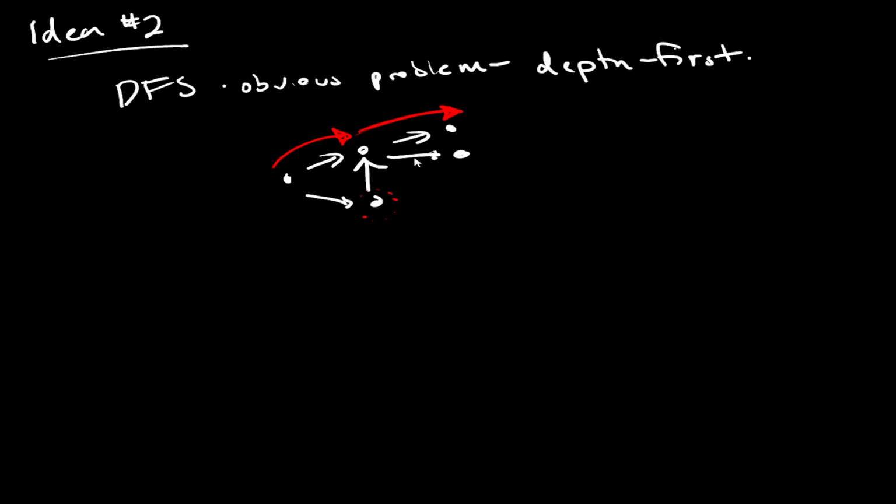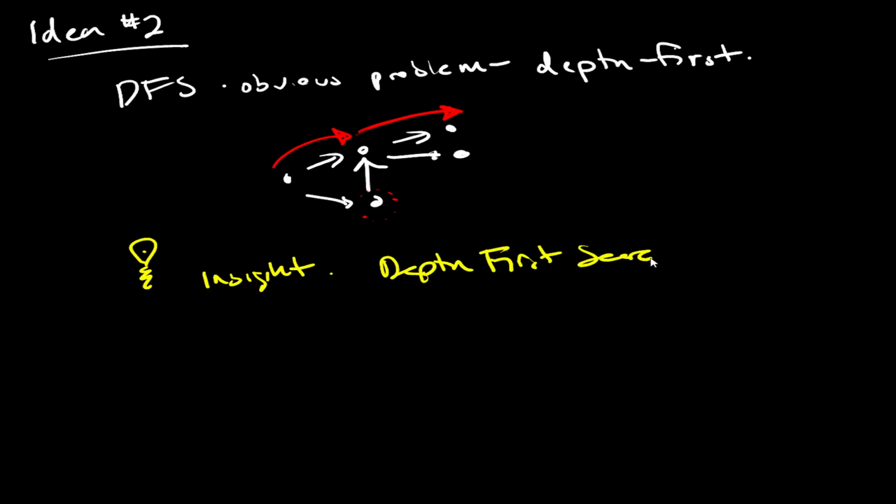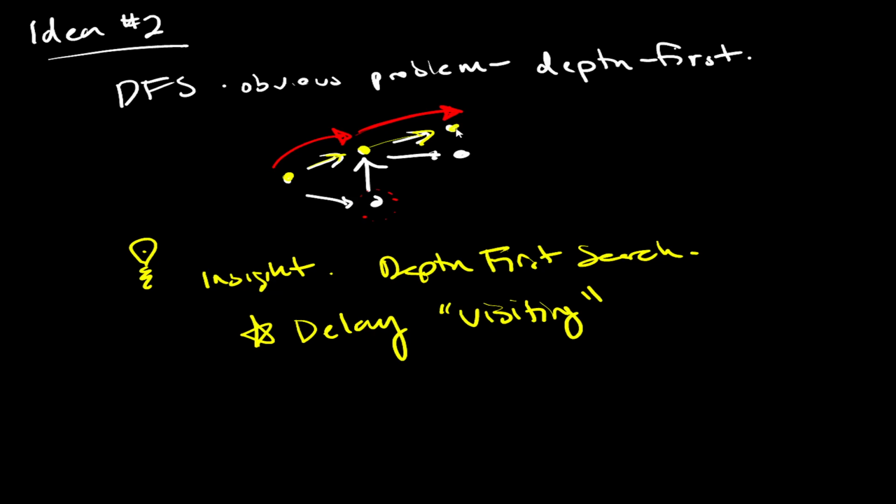But there is actually a trick we can do. There's a little insight here, a very nice insight, that the depth first search does the opposite of what we want, right? So if we delay visiting, so what that means is if we were to reach each node, so we can start here, reach this node, and then reach this node.